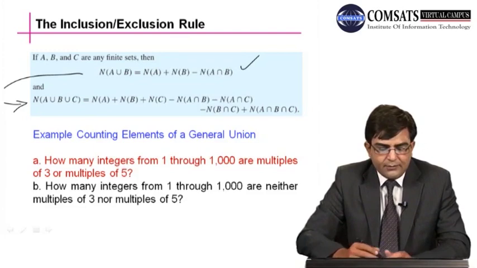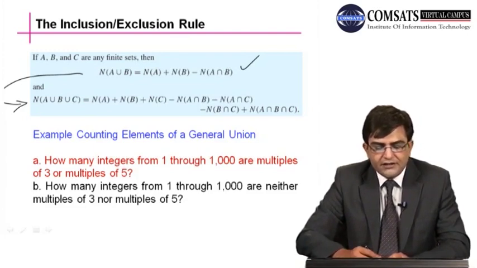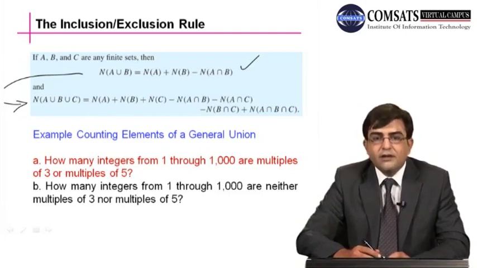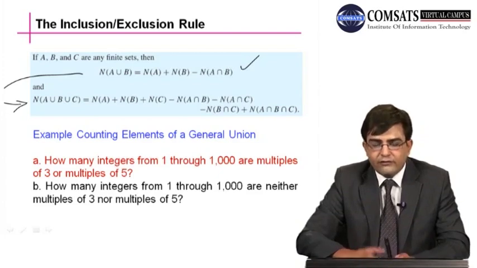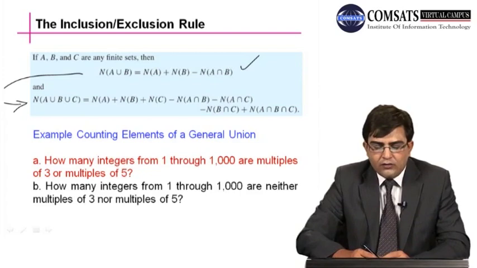Now, for example, if we are given: how many integers from 1 through 1000 are multiple of 3 or multiple of 5? So we have to calculate all those integers which are from 1 to 1000 and are multiple of 3 or multiple of 5.